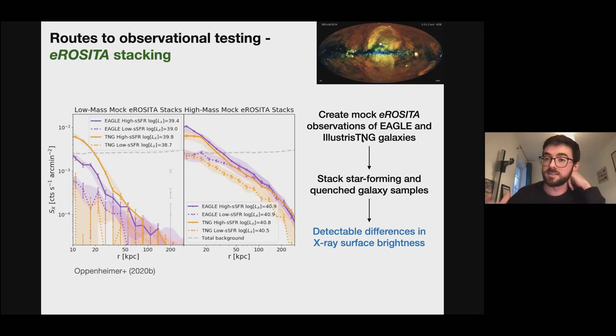And what they show, if you stack them up about the coordinates of star forming or quenched galaxy samples, is that there's a really clear difference between these two in terms of these mock observations. And it turns out that these differences in X-ray surface brightness between highly star forming, so these solid lines, and quenched in these dashed lines should be detectable once eROSITA has completed its survey. So that's something that's a more imminently usable proxy for the CGM mass fraction around these systems.